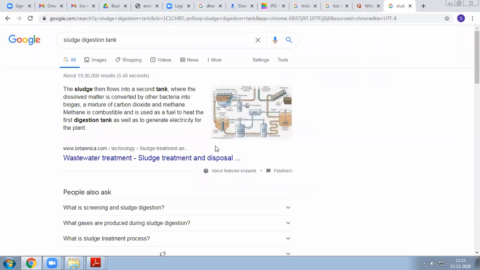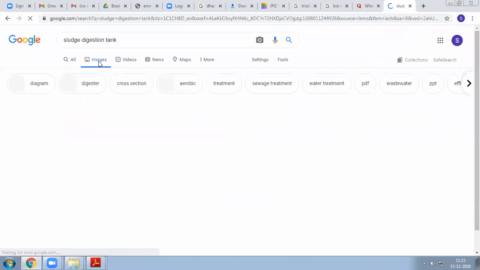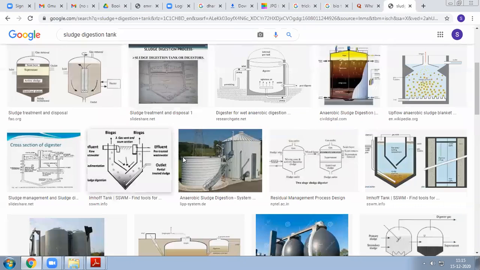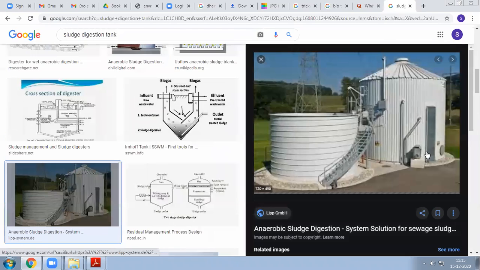I'll try to show the figure. So this is how the sludge digestion tank looks. I think all of you are seeing, right? Yes. So this is how the digestion tank looks.